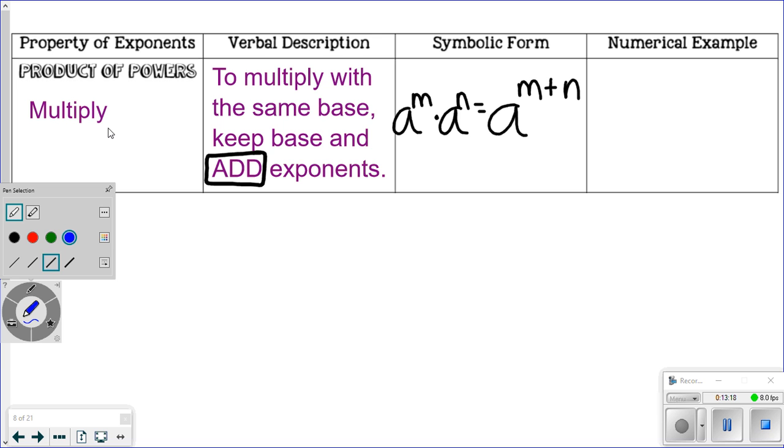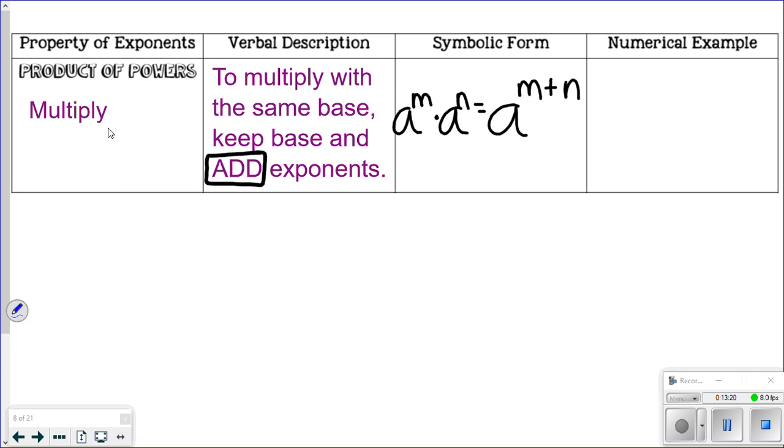So the first question that I want us to think about or complete is 2 cubed times 2 to the 4th power. So keep the base, which is 2, and it says I add my exponents, so 3 plus 4 is 7.